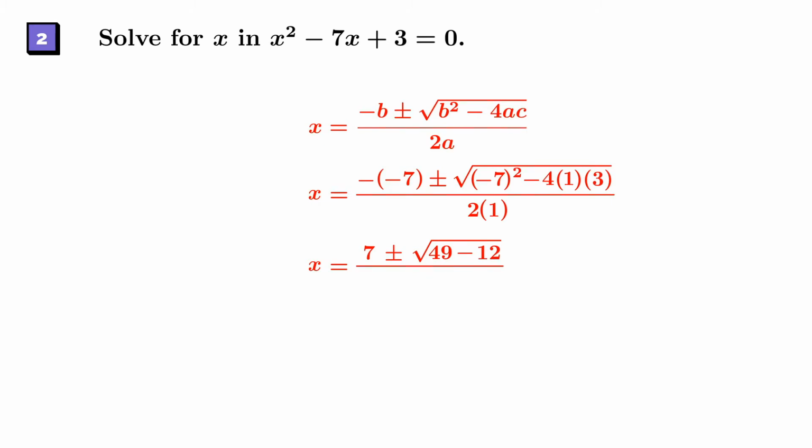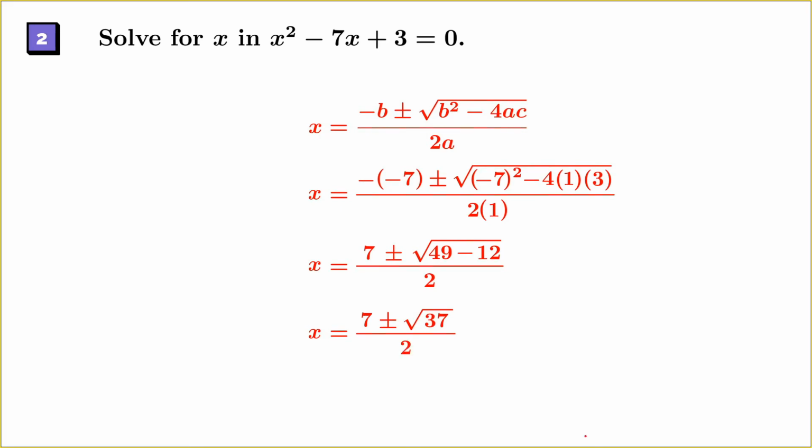Sa denominator naman, 2 times 1, so 2. I-simplify natin yung nasa loob ng square root. So, x equals 7 plus minus the square root of 49 minus 12 is 37. All over 2.